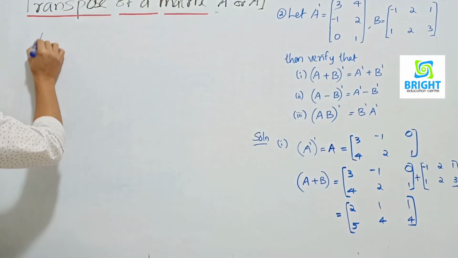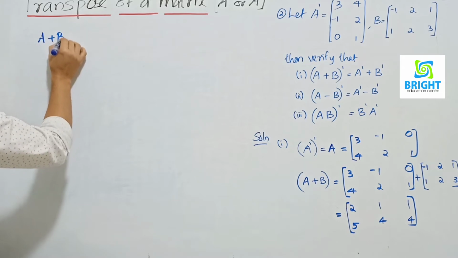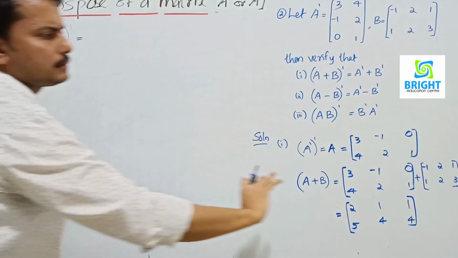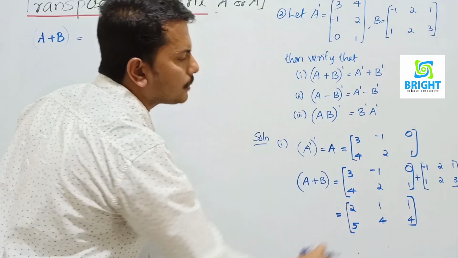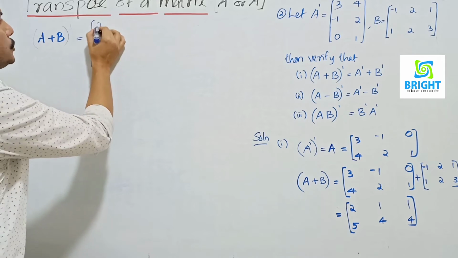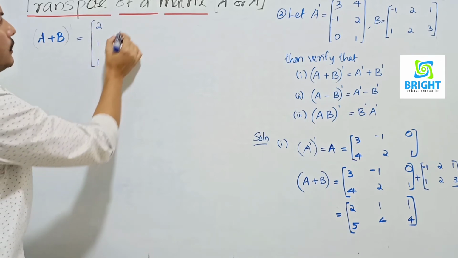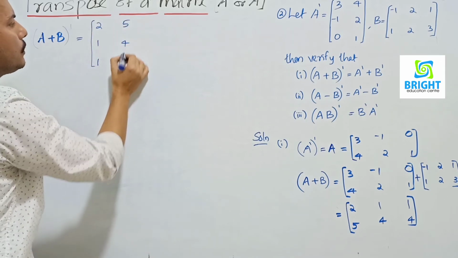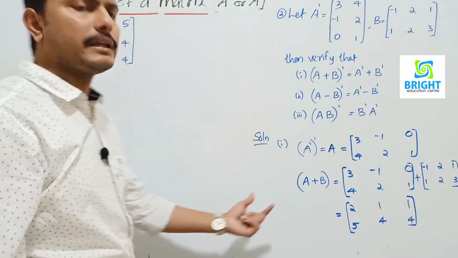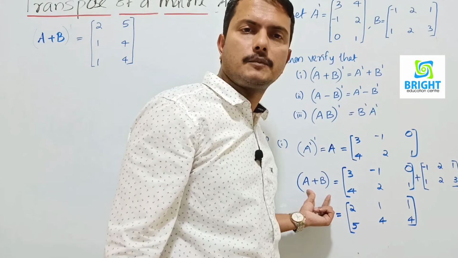A plus B transpose will be obtained by the rows and columns; you have to interchange them. What will happen? It will become 2, 1, 1, 5, 4, 4. Okay, so that is the A plus B all transpose.